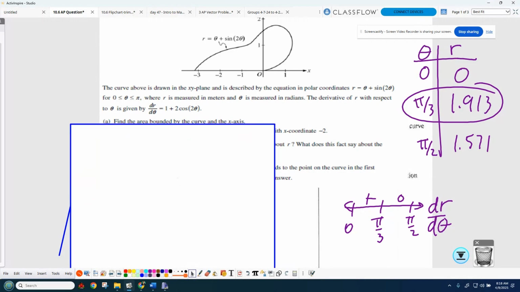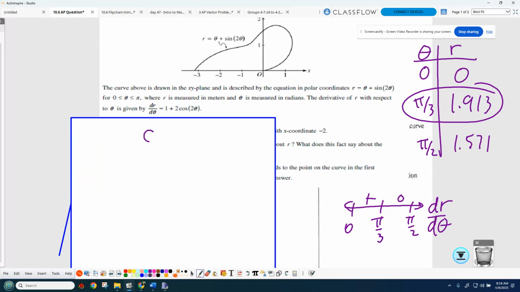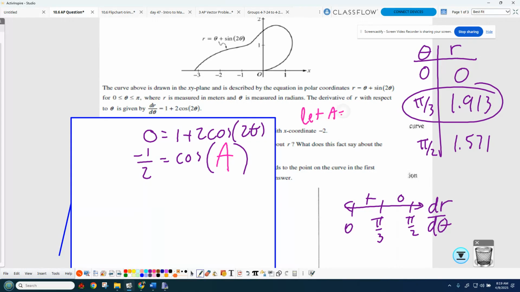Theta said, when is the derivative 0? It's confusing when it's 2 theta, so I'm gonna just call it something else. When is cosine negative 1/2?